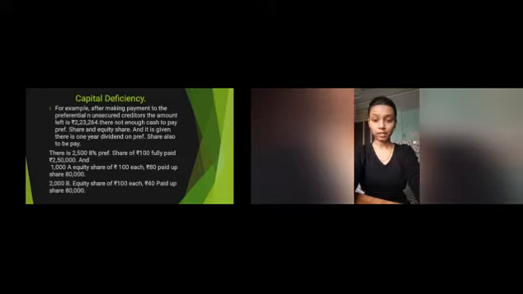There are 2,500 8% preference shares of rupees 100 fully paid, rupees 2,50,000, and 1,000 A equity shares of rupees 100 each, rupees 80 paid up, 80,000. 2,000 B equity shares of 100 rupees each, 40 rupees paid up, 80,000.